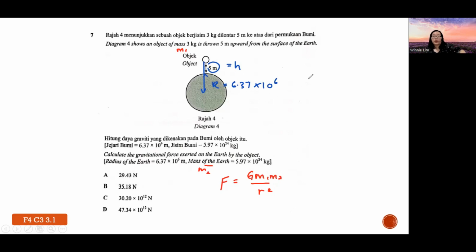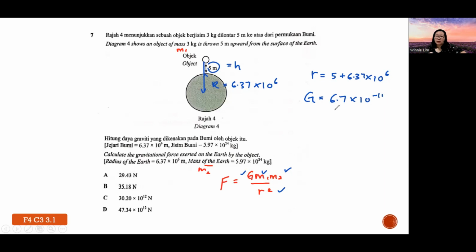So in order to get r, you need to add together 5 plus 6.37 times 10 power 6. Now you have all the quantities m1, m2, r. And G is a constant value that should be given in the formula list, and this value is 6.67 times 10 power of negative 11.